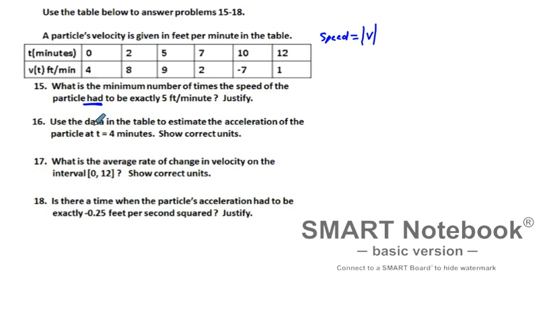So what we have is, to get from 4 to 8, we have to cross 5. To get from 9 down to 2, we have to cross 5. To get from 2 down to -7, we have to cross -5. That's the third time. And to get from -7 to 1, we have to cross -5 again. So that'll be 4 times.